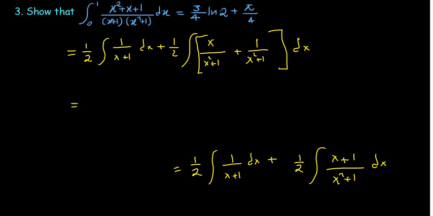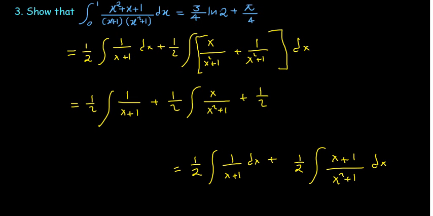So this is 1 over 2 the integral of 1 over x plus 1, plus 1 over 2 the integral of x divided by x squared plus 1, plus also 1 over 2 the integral of 1 divided by x squared plus 1.